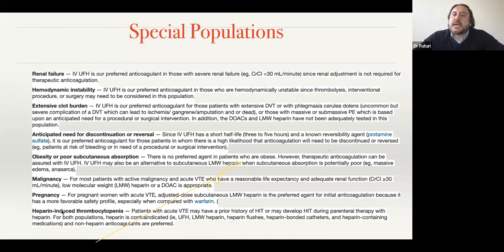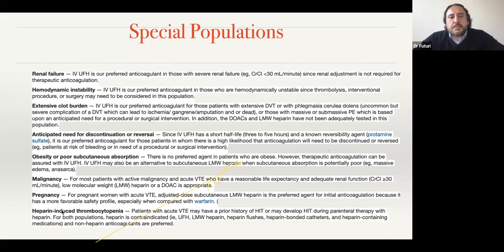Also, we do not have a lot of studies that have looked at using the new direct thrombin inhibitors in patients that have extensive clot burden or hemodynamic instability. Currently, we are researching this. With underlying malignancy, most patients are now using low molecular weight heparin, but the direct oral anticoagulants are appropriate in treatment.